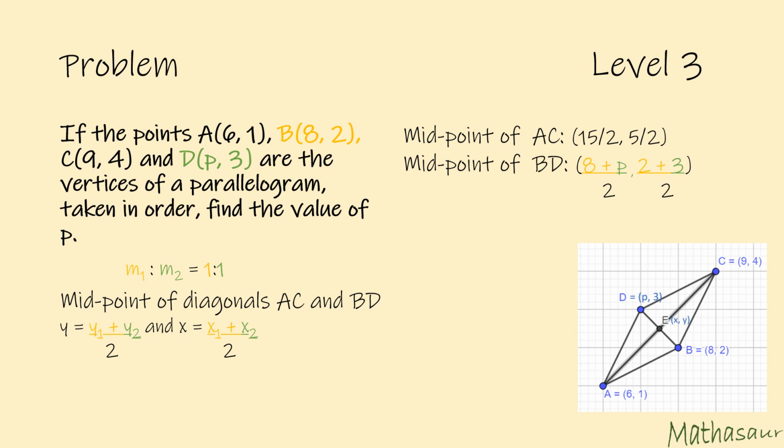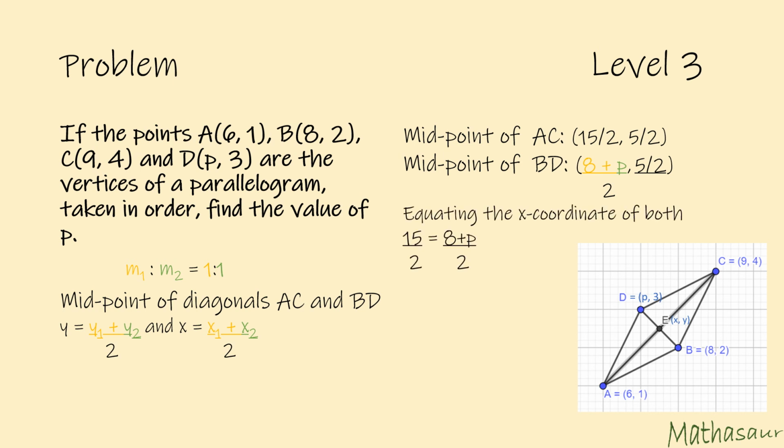Let us substitute the values and find the coordinates in terms of P. Now we know the midpoint of AC and midpoint of BD are the same, so we can equate the x coordinate of both these points. Solving this equation, we get P equals 7, which means that the coordinates of point D would be (7, 3).